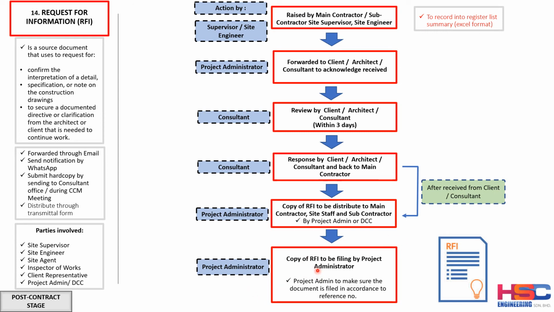And then a copy of the responded RFI is to be filed by the project admin. The RFI that is received needs to be filed properly for the future. We don't know what purpose we can use it for, but normally the RFI also plays an important part when we want to submit for extension of time.